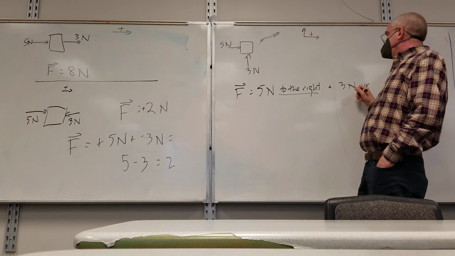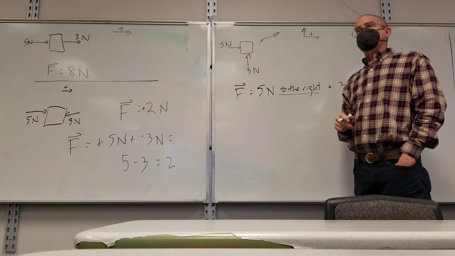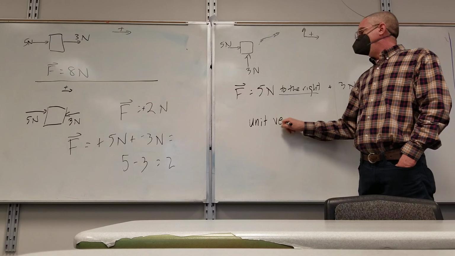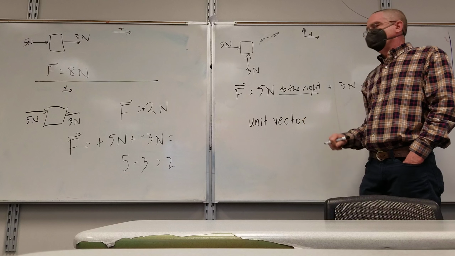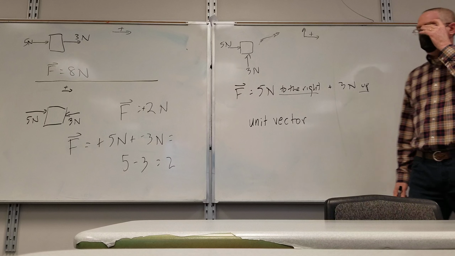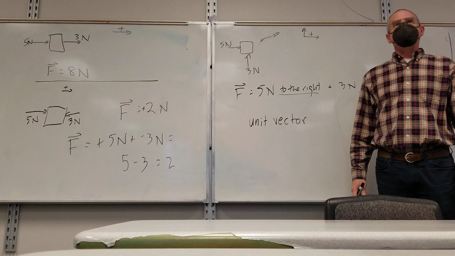Physicists don't feel like writing all that stuff out, so they came up with this thing known as the unit vector. It is a vector, which means it has a magnitude and direction. What is the magnitude of a unit vector?